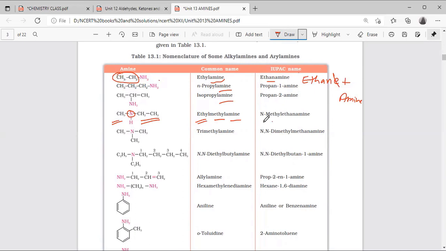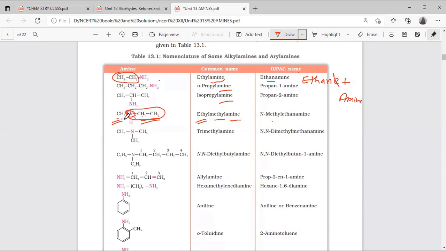But in the case of IUPAC, we have to take the long alkyl chain with nitrogen. So ethanamine. Now what about this methyl? Methyl is a substituent. But where is the methyl? Methyl is present on nitrogen. So N-methyl is a substituent, remaining ethanamine.